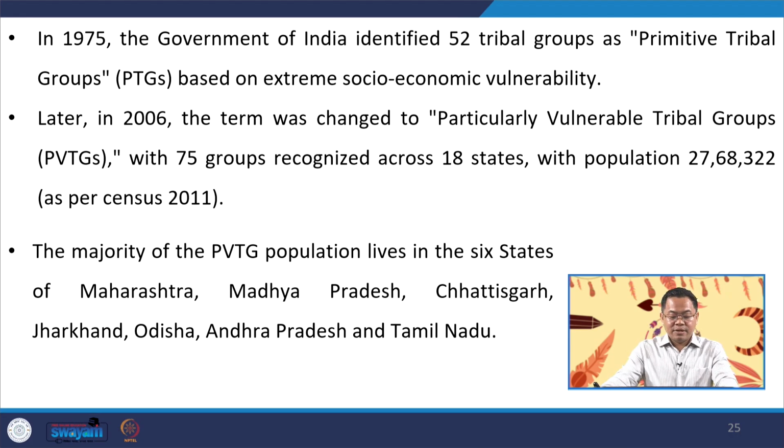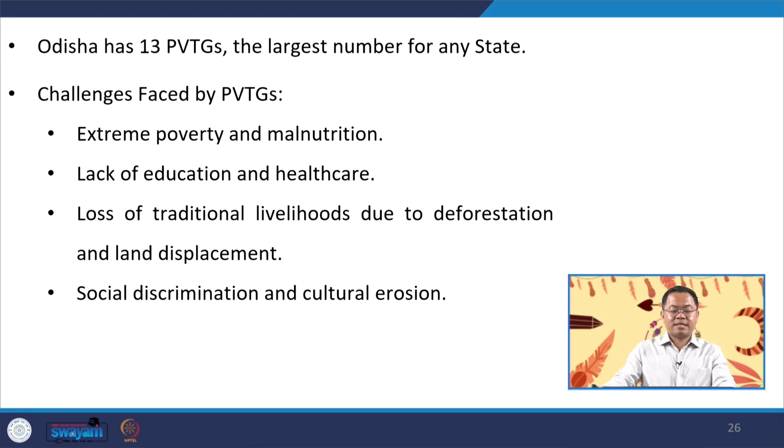However, the majority of PVTGs live in six states, namely Maharashtra, Madhya Pradesh, Chhattisgarh, Jharkhand, Odisha, Andhra Pradesh and Tamil Nadu. Now, the state of Odisha has the highest number of PVTGs for any state in India.